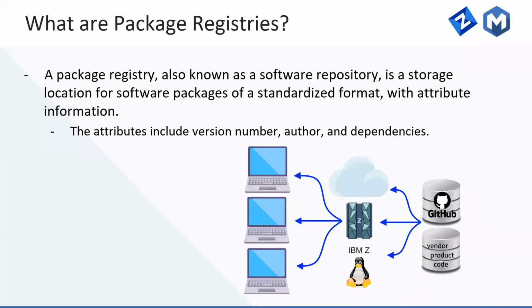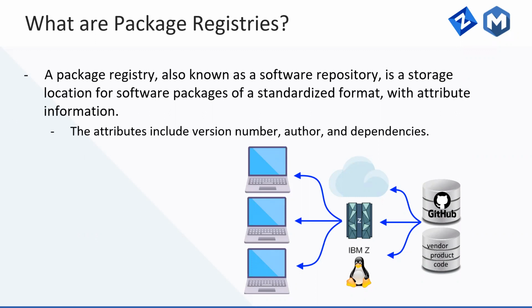You can see here this thing that I keep on referring to, package registries. What are they? They might be known by a better term, software repository. But it's basically, think about it as a storage location for software packages in some kind of standard.